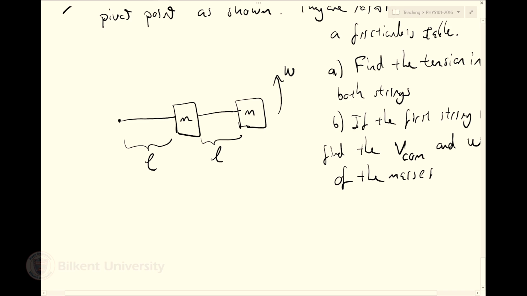They are rotating. So can you tell me what are the velocities of these objects? Which one has higher velocity? The outward one has higher velocity. V1 will be omega L. V2 would be 2L omega. I'm thinking that the width of the mass is very, very small.